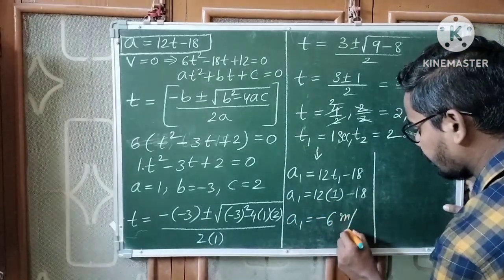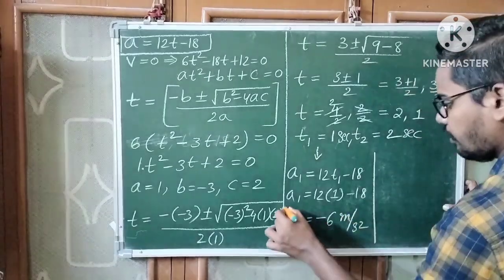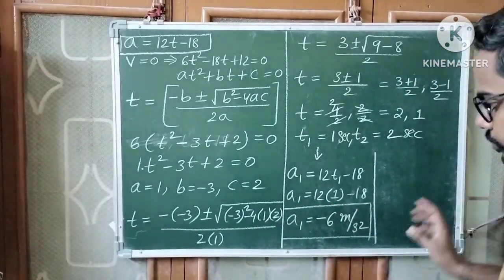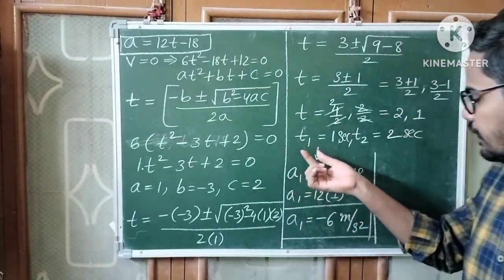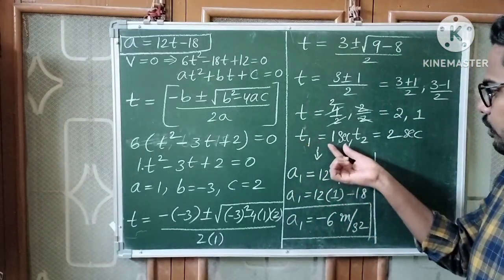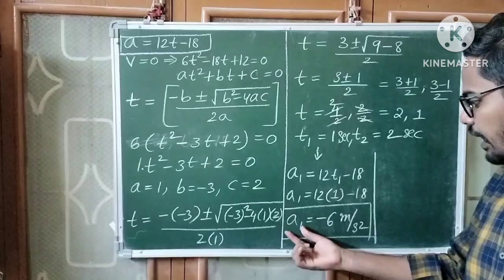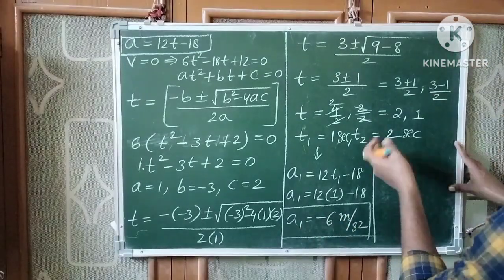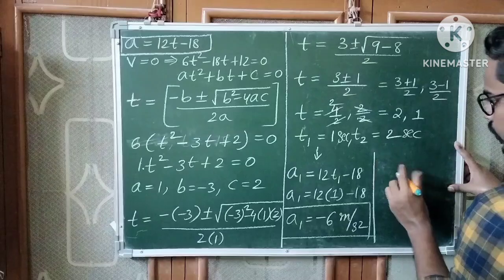So -6 meter per second square. This is the acceleration unit. Now the conclusion is that at t1 equal to 1 second, the acceleration of the particle is -6 meter per second square.